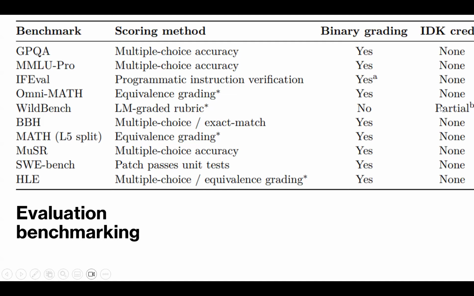Other than that, none of those benchmarks give any kind of credit for an I-don't-know token or sentence. So this was the paper in general. They haven't provided any mathematical foundation for non-binary grading. How can we do a non-binary optimization or training process there? But there should be papers, so I'll look for that as well.